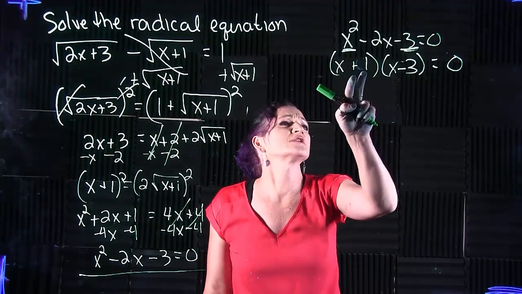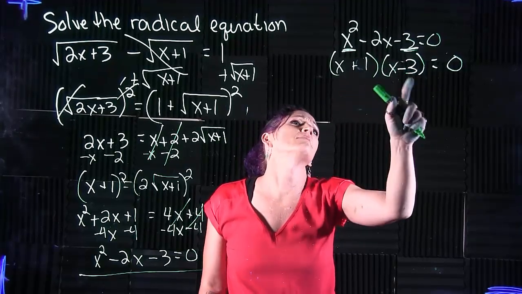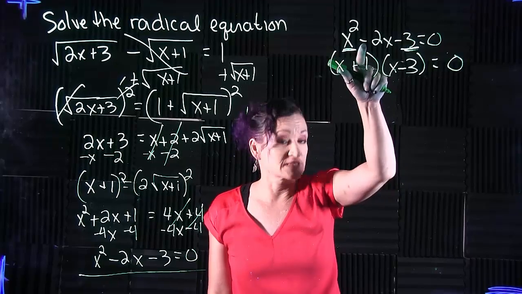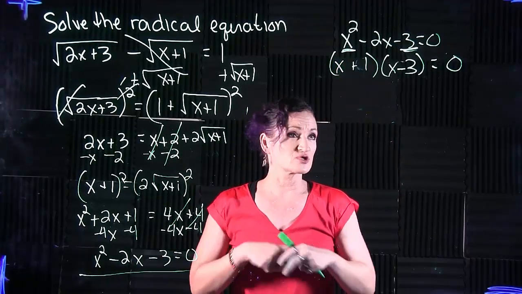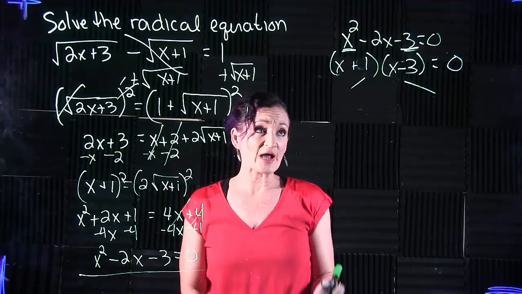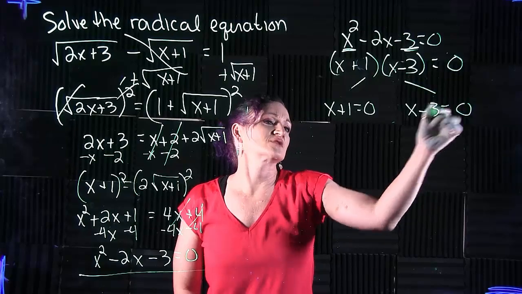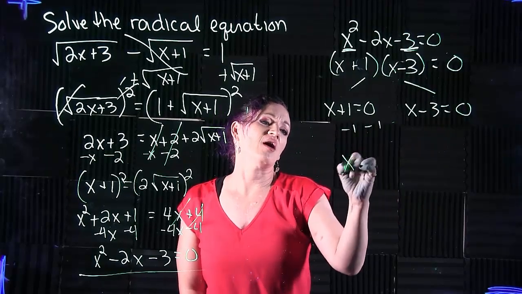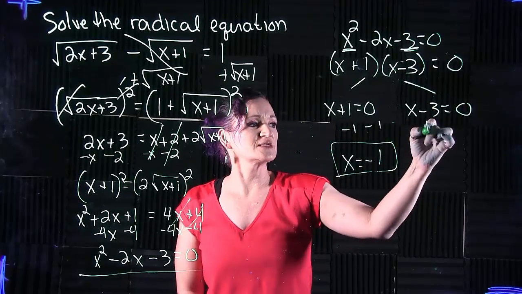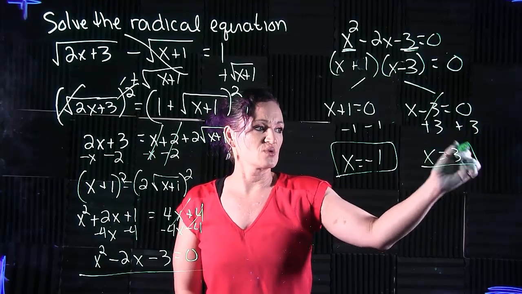So let's see, positive 1 times negative 3 is a negative 3. Positive 1 minus 3 is a negative 2. So signs and numbers do check out here, which means I can continue with the zero factor property, split these up, set these each equal to 0, and solve. So that means x is equal to negative 1, and x is equal to 3.